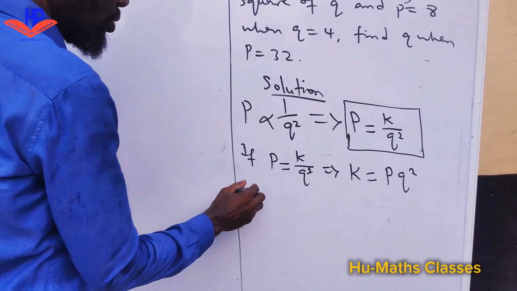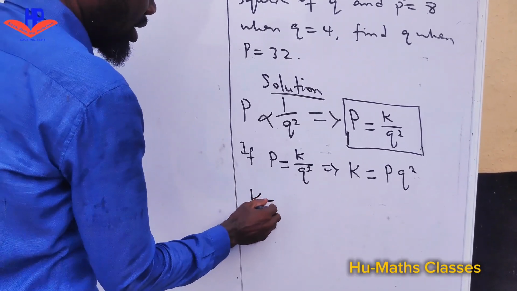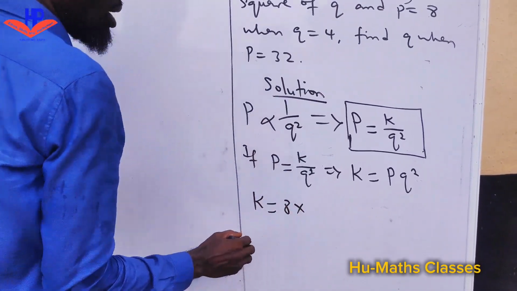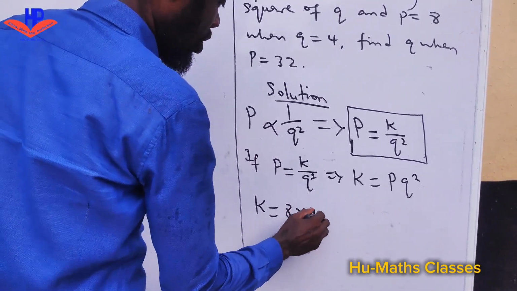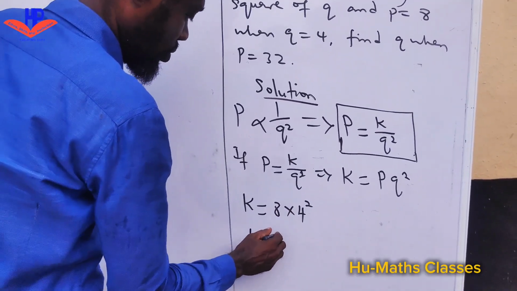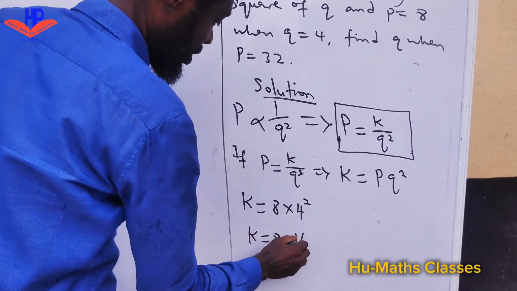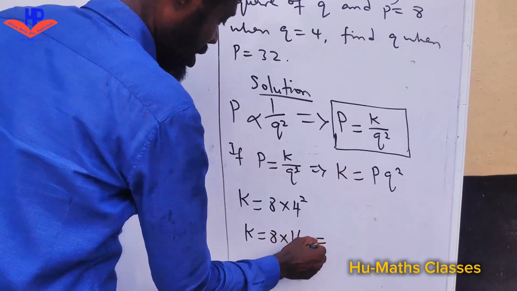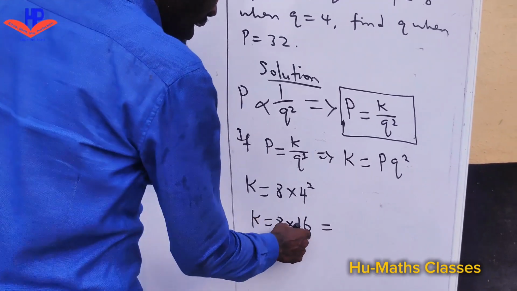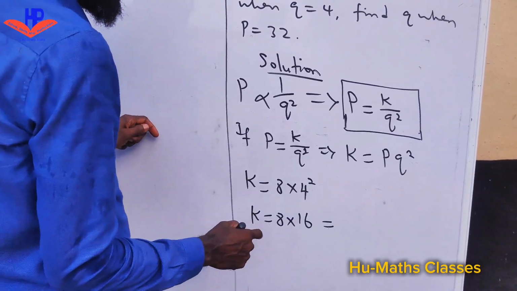So our K will be equal to 8 times 4 raised to power 2. That will be K is equal to 8 times 16. 8 times 6 is 48.